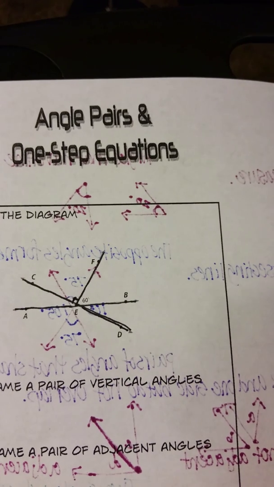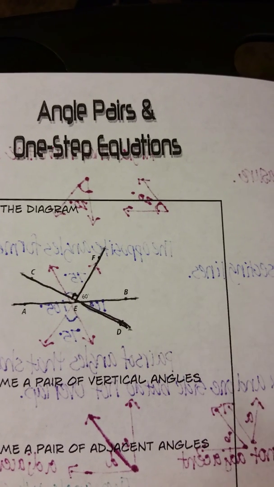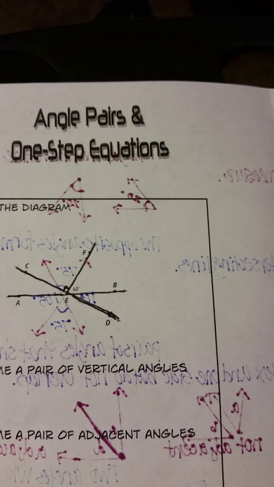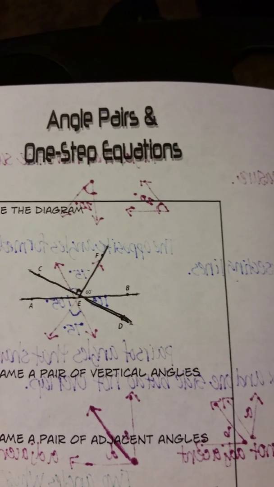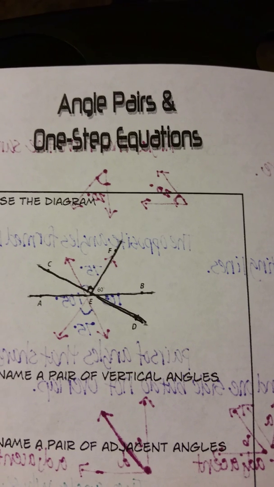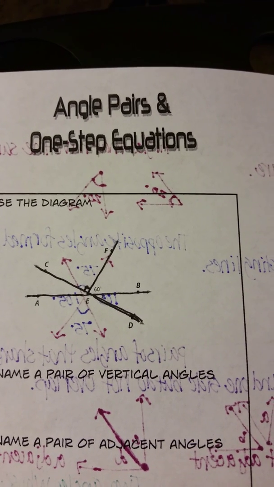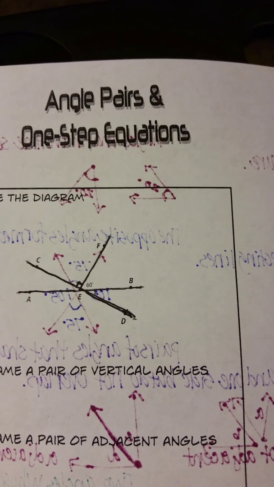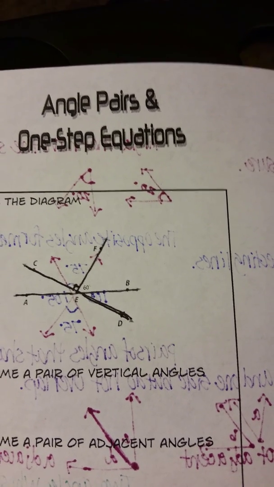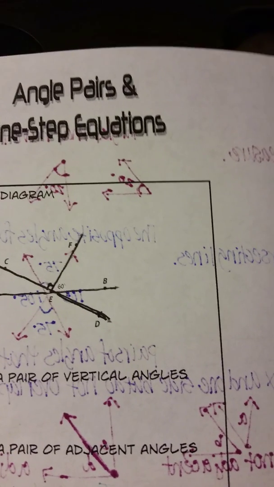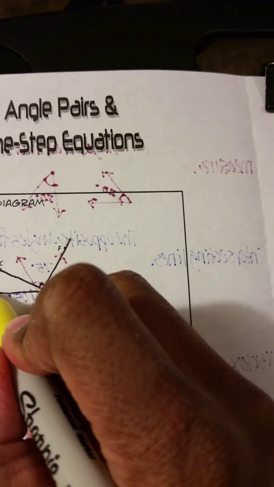That's 9 degrees there. Now we're going to be looking at a pair of vertical angles. Let's start with angle AEC.